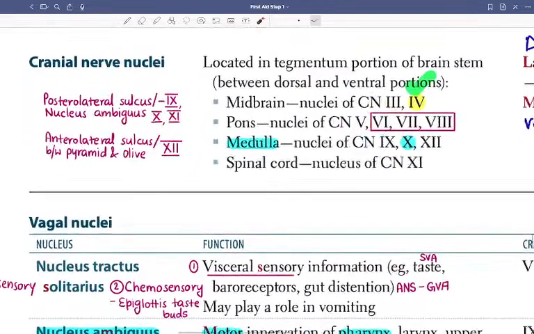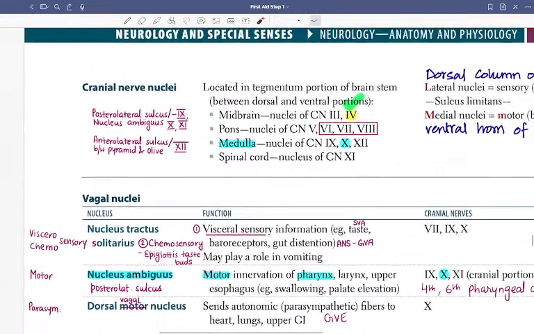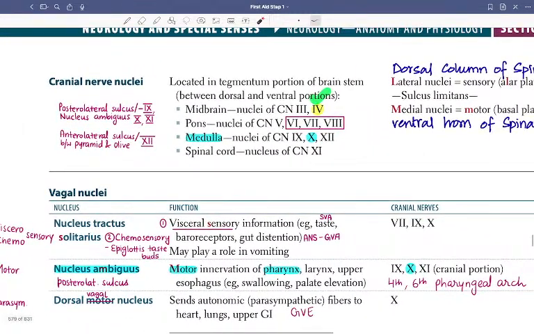This is what I was talking about: the posterior lateral sulcus, where you basically have the nucleus ambiguus, with fibers of 9, 10, 11. And the anterolateral sulcus was 12. Just remember nucleus ambiguus is like the 10th nerve nucleus, so that's why you have a lot of this.